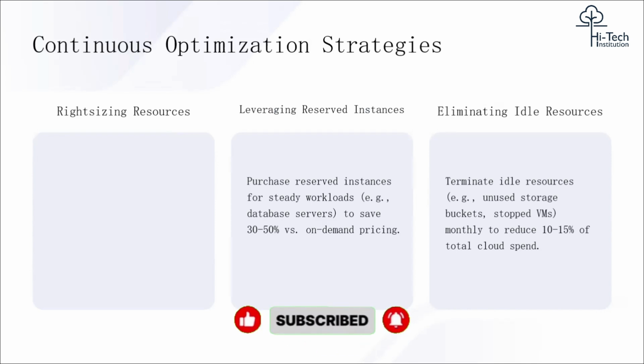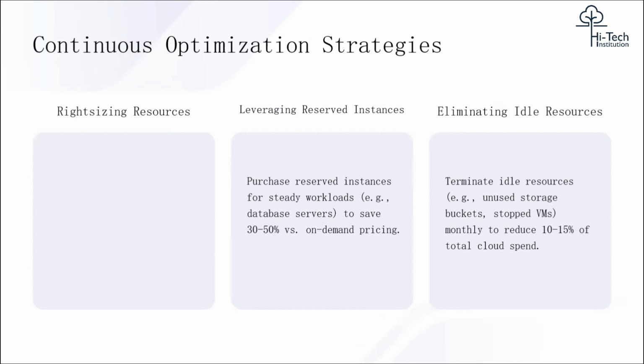And then leverage reserved instances, which means if we're going to keep our instances for the long term, if we're going to provide some services that must be available for the long term, in that case we can go with reserved instances. Obviously, we can save 30 to 50% of money compared to on-demand pricing. And eliminating idle resources: unused storage buckets, S3 buckets, stopped VMs and so on that we won't use.